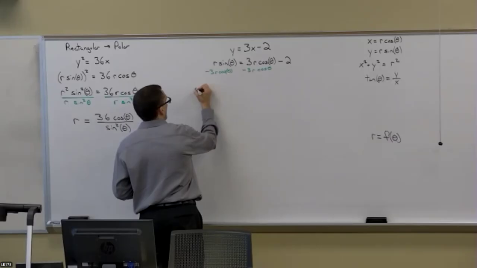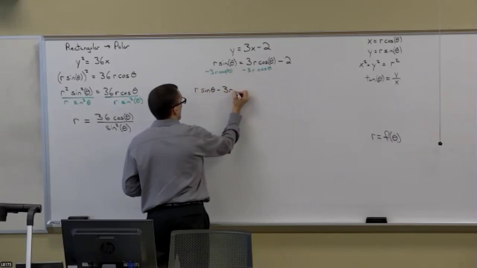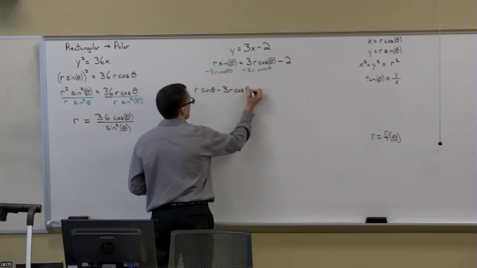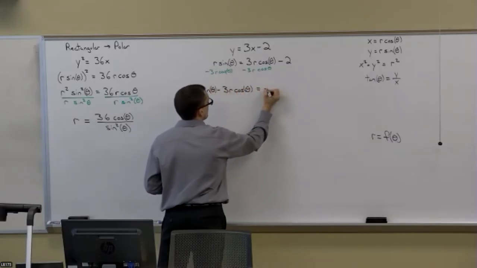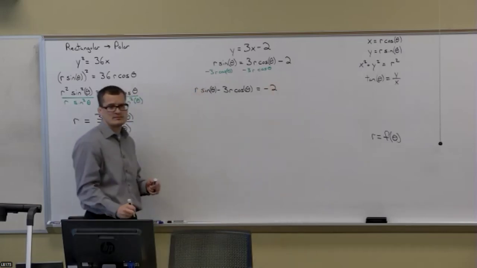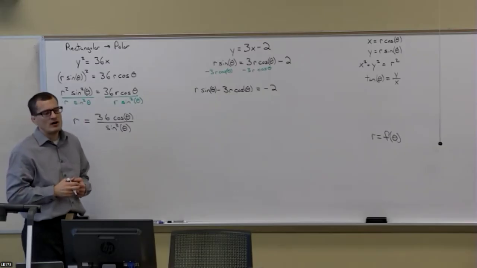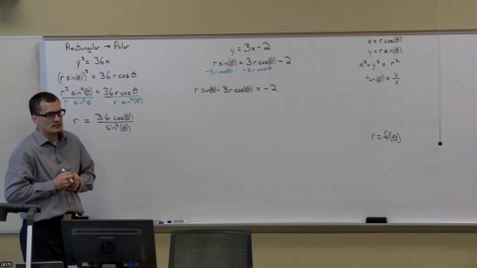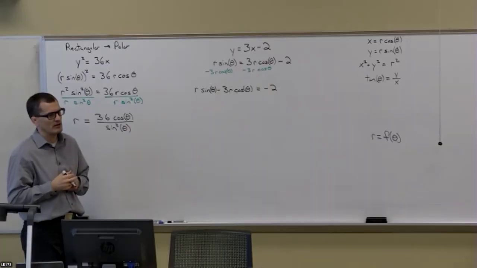That'll give me r times sine of theta minus 3r times cosine of theta is equal to -2. So I have all of the terms with r on the left-hand side and all of the terms without r on the right-hand side.